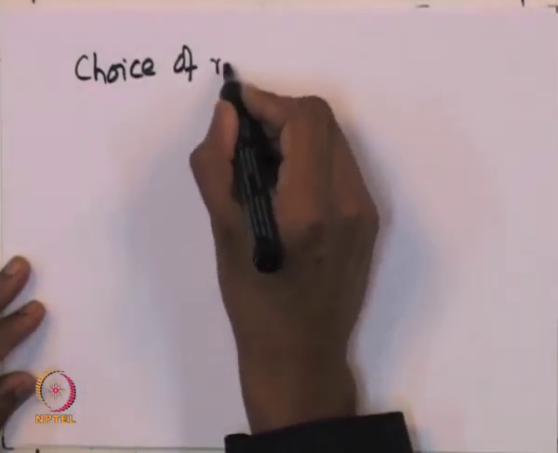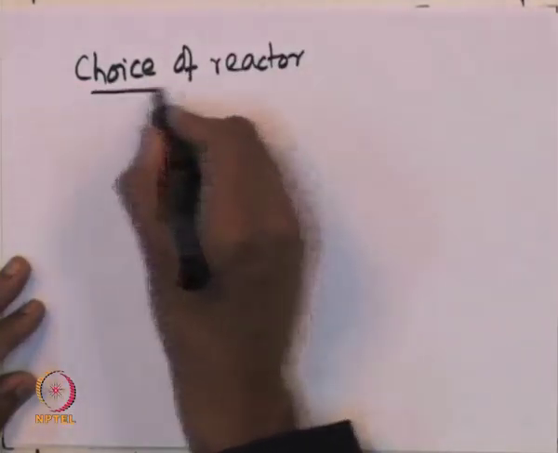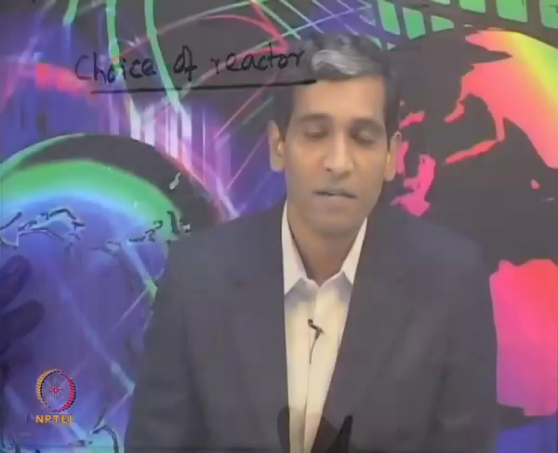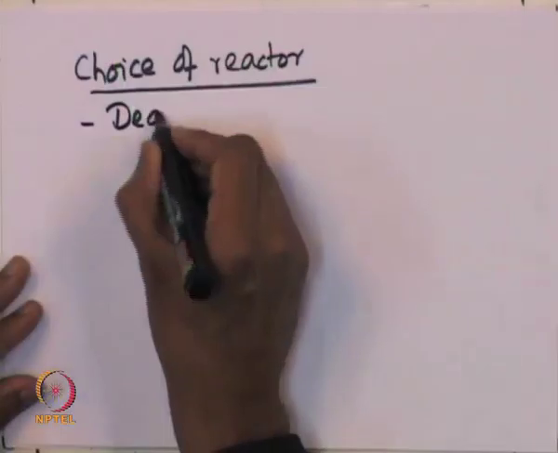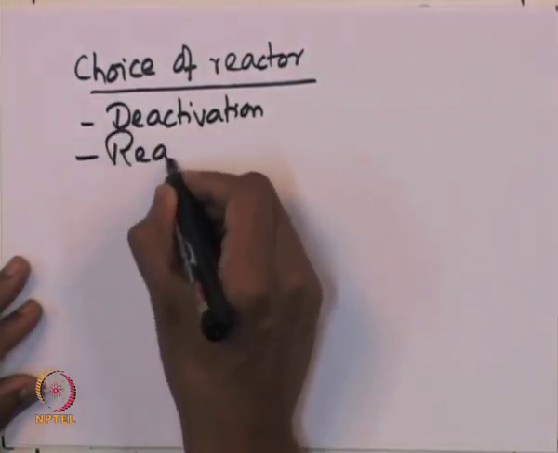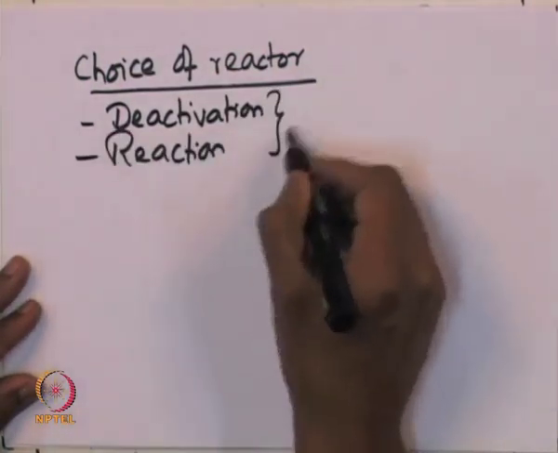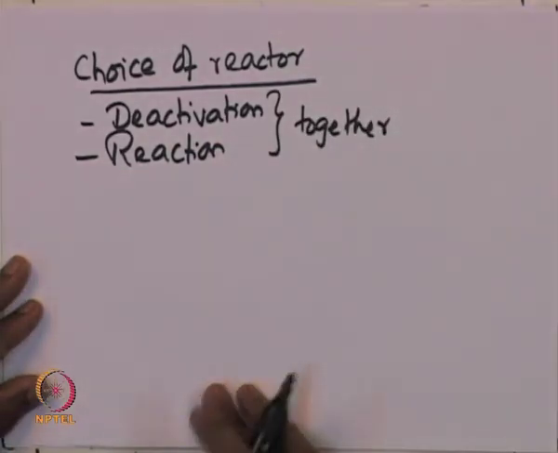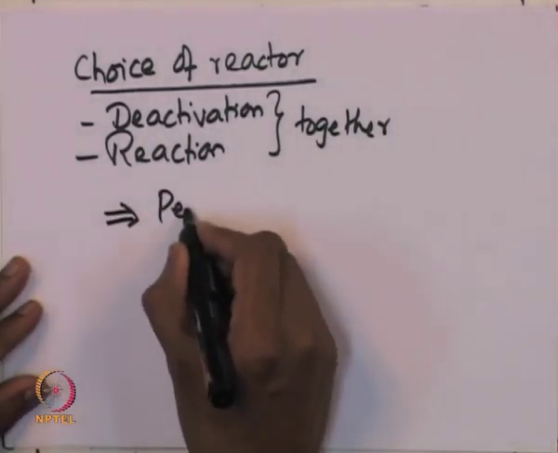So, what we are going to discuss now is how can we decide what should be the choice of the reactor that will help in minimizing the deactivation of the catalyst, with the objective of maintaining the conversion of the desired product. So we know that deactivation and reaction, they occur together. They occur simultaneously. So, therefore, the performance is severely affected.